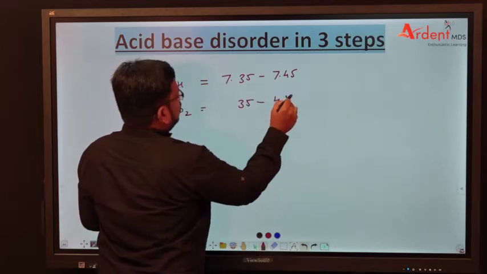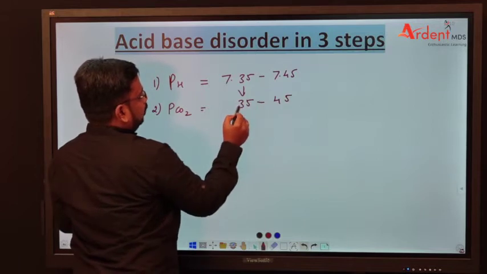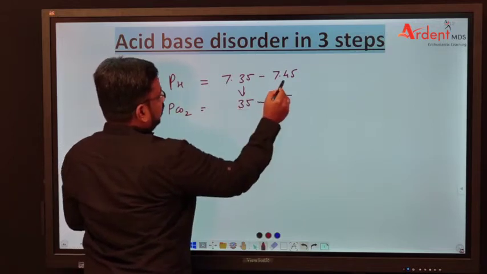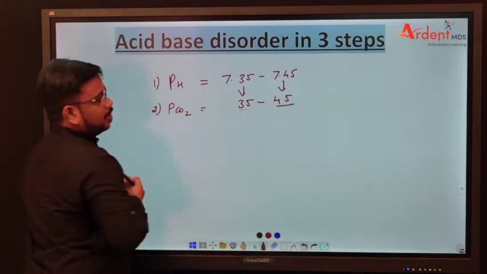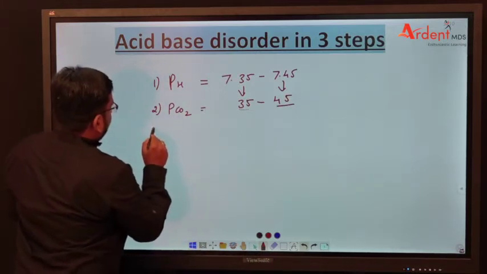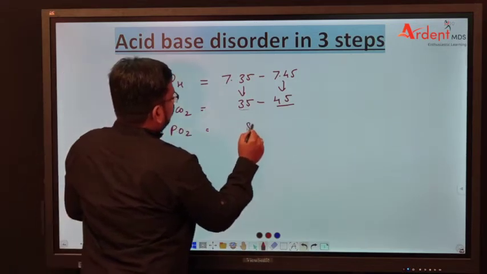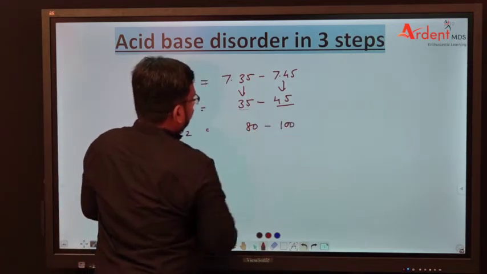Very easy, right? Number 3, partial pressure of oxygen is around 80 to 100 millimeter mercury.